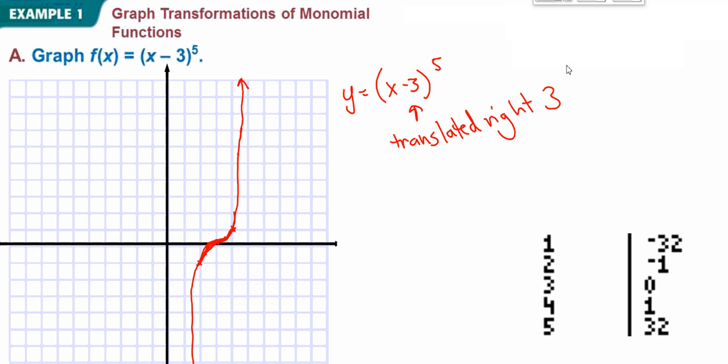And so that is what our graph looks like. And it has that odd shape, which always kind of looks like this. So if we needed our end behavior, we could give that as well. So let's look at the next one here.